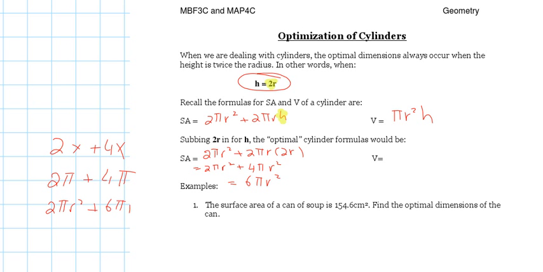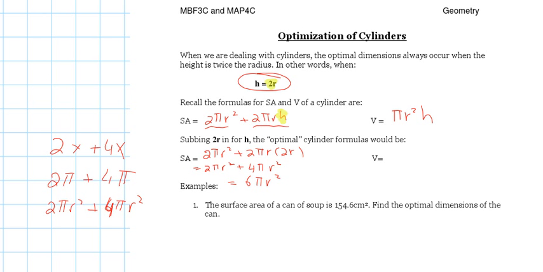And in this case, they are like terms. In the original formula they're not like terms, so I can't add them and have to leave them like this. But when I replace h with 2r, they become like terms and I can add them. So the surface area of an optimized cylinder is 6 pi r squared.